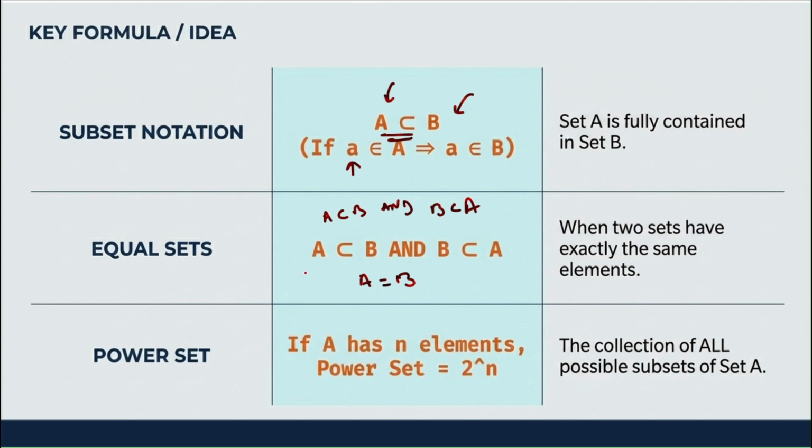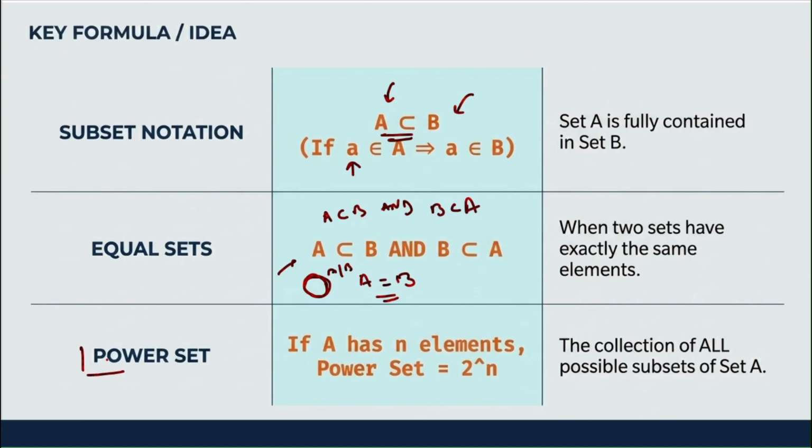We are saying that A is contained within B, and we are also saying that B is contained within A. This can happen if and only if both the sets are equal. So we don't have any different circles in representing it. A and B are overlapping. That's why we have A equal to B when two sets are exactly the same.